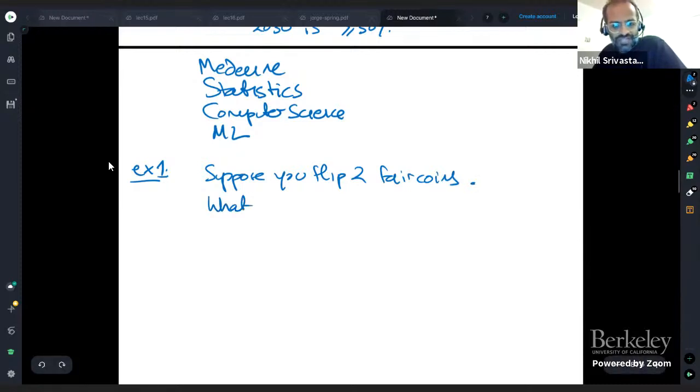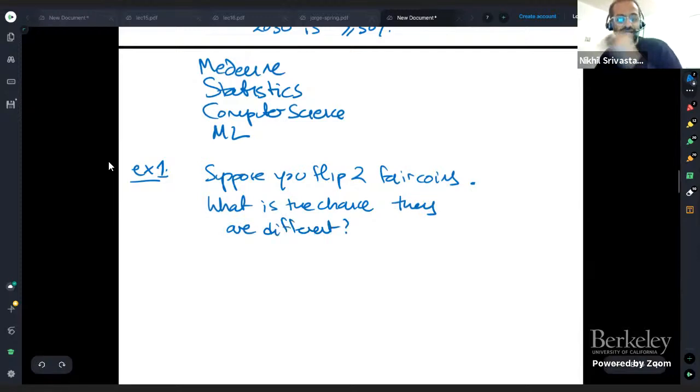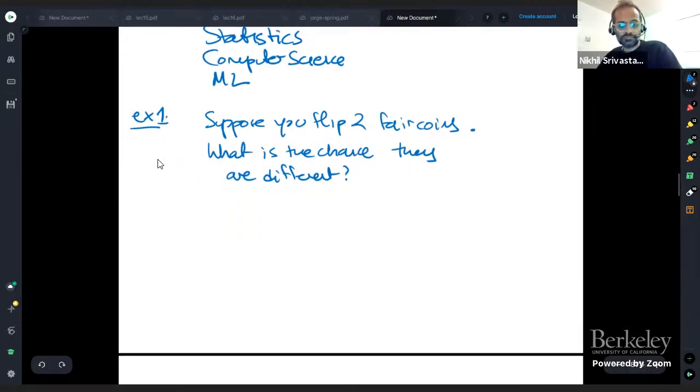What is the chance they are different? So, which means one is heads and one is tails. Okay, so how would you solve this question intuitively? Any thoughts?